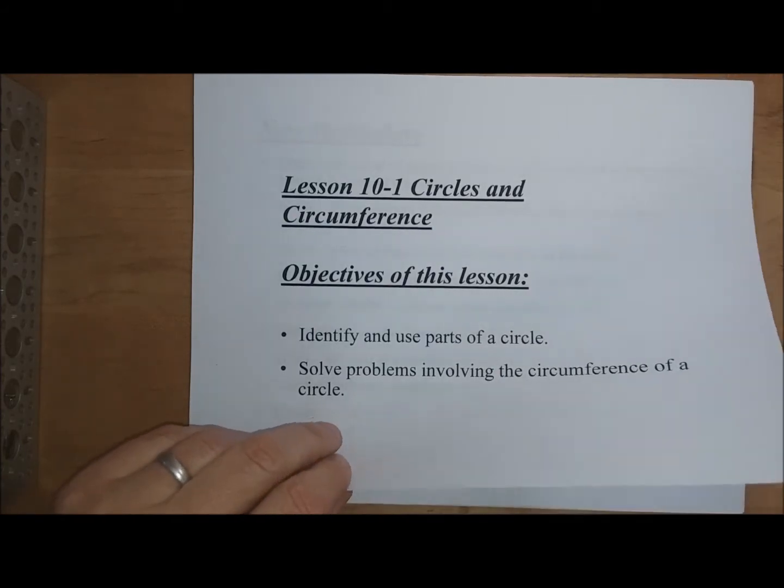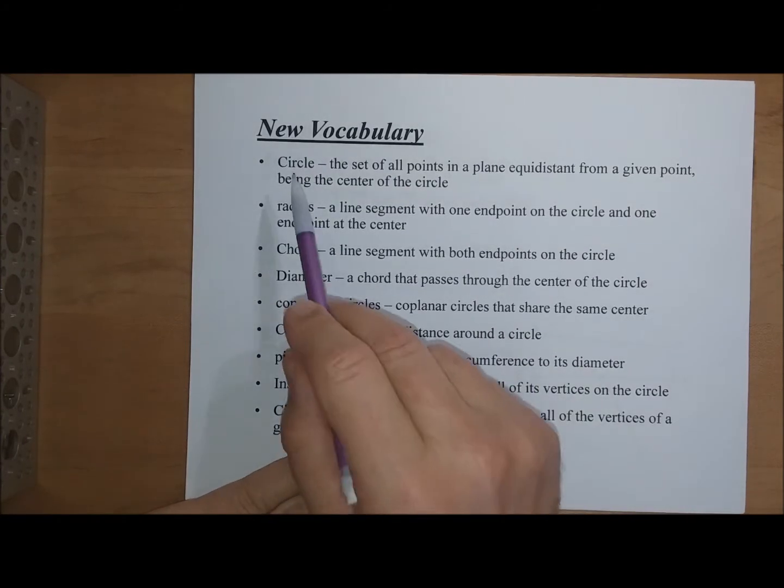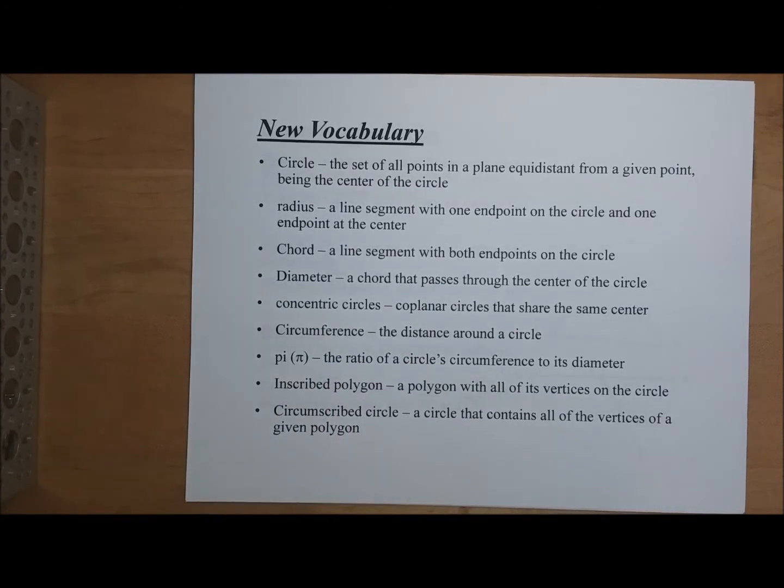We do have some vocabulary here, some of which may be new, some of which may be old. But let's start out with our fundamental definition of a circle. Now, in the past, some of you have asked me, isn't a circle just a polygon with an infinite number of sides? Or maybe a regular polygon with an infinite number of sides? And that's not quite an accurate definition of a circle.